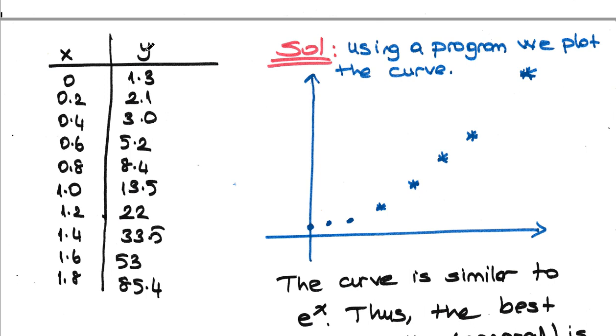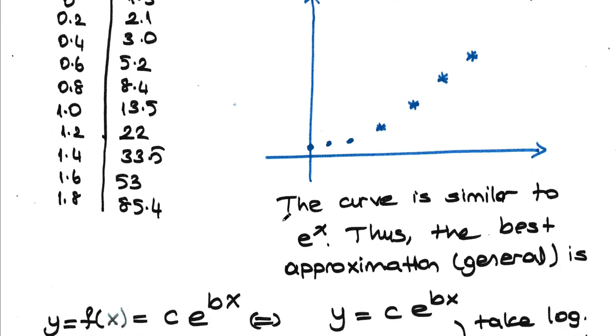For this reason, we will start to see how we plot and how we can use the regression part in our calculations. Here is the sketch, and I realized that this curve looks like an exponential curve. For this reason, I generally choose an exponential curve to approximate that data set.